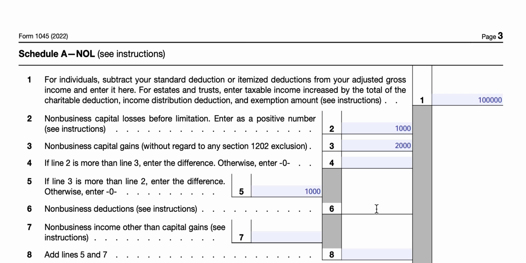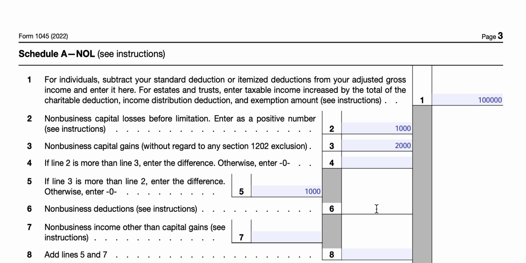And these are deductions that the IRS considers to be connected with a trade or business, such as state income tax on income from a trade or business, educator expenses, moving expenses for members of the armed forces, the deduction for the deductible part of self-employment health insurance, the deduction of the deductible part of self-employment tax, rental losses, loss on the exchange or sale of business real estate or depreciable property, share of a business loss from a partnership or S corporation, ordinary loss on the sale or exchange of small business stock, otherwise known as Section 1244 stock, ordinary loss on the sale or exchange of stock in a small business investment company operating under the Small Business Investment Act of 1958.